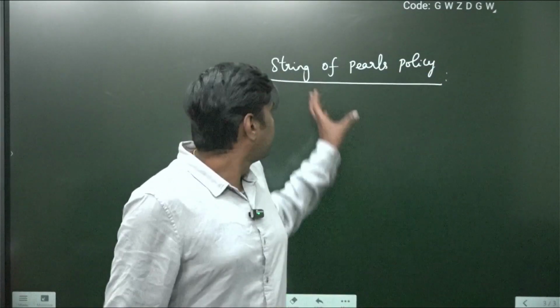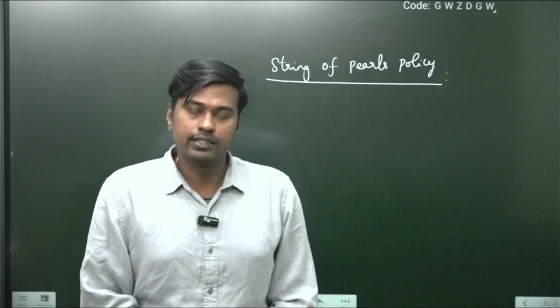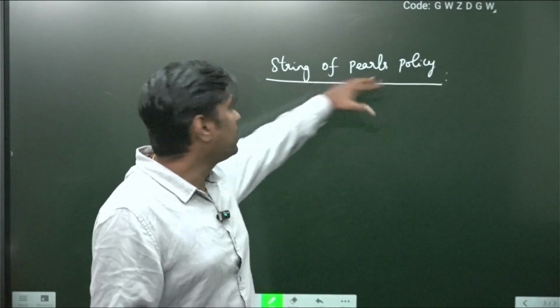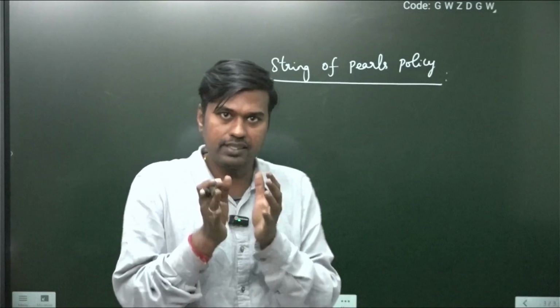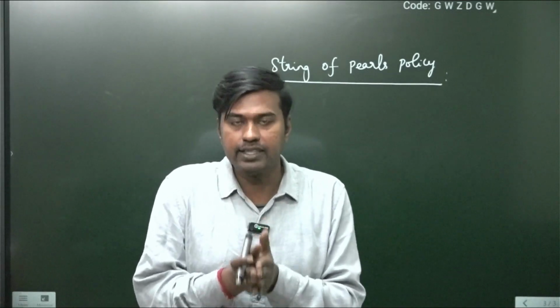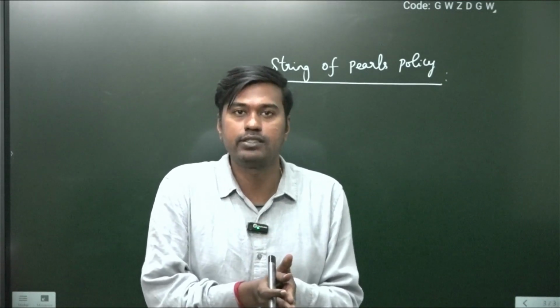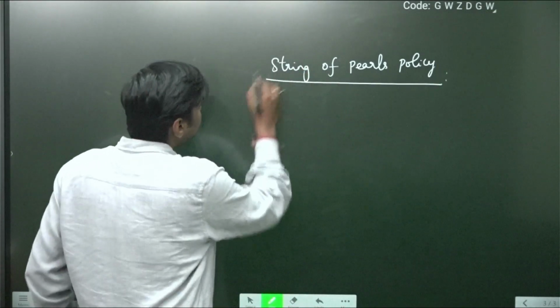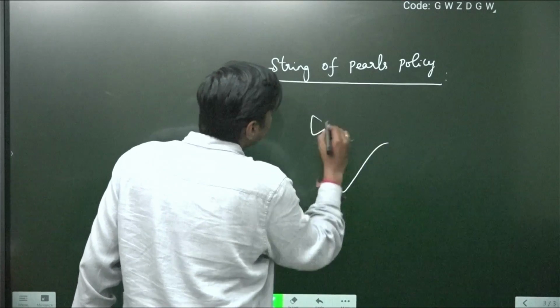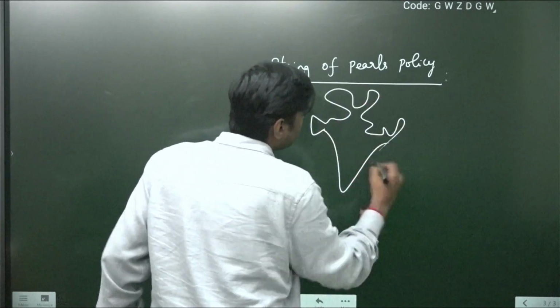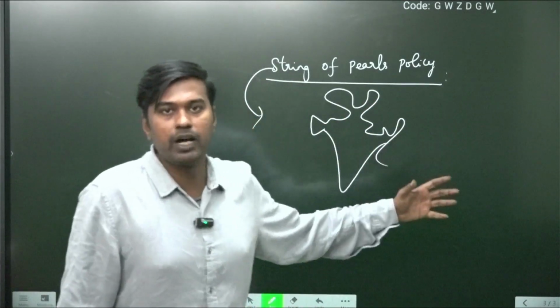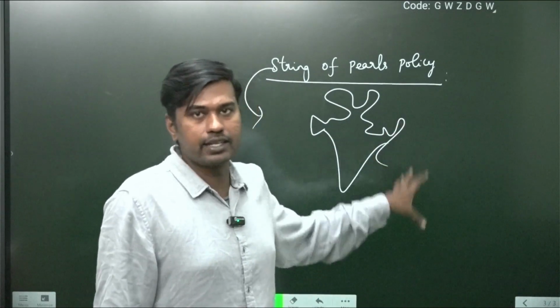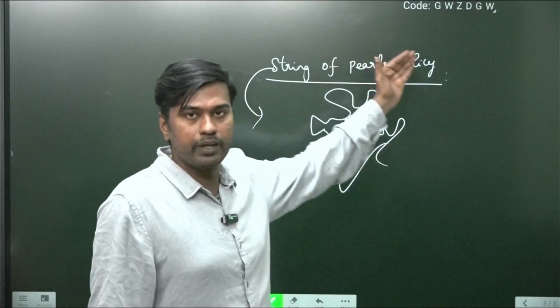So before going into this policy's details, let's try to understand the meaning behind the string of pearls. This is a policy which has been exercised by China in the Indian Ocean region. What they do under the string of pearls policy is try to encircle India. As we discussed yesterday, while discussing India-Maldives relations, China is trying to encircle India through the string of pearls policy.